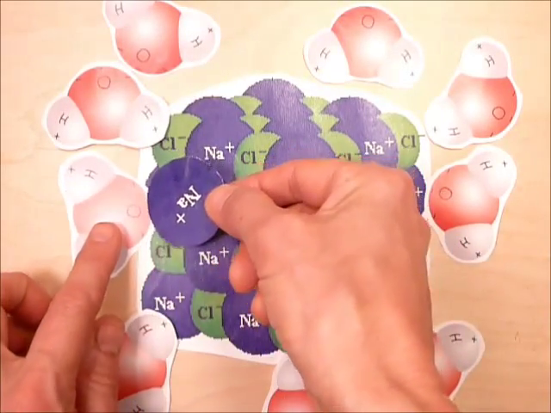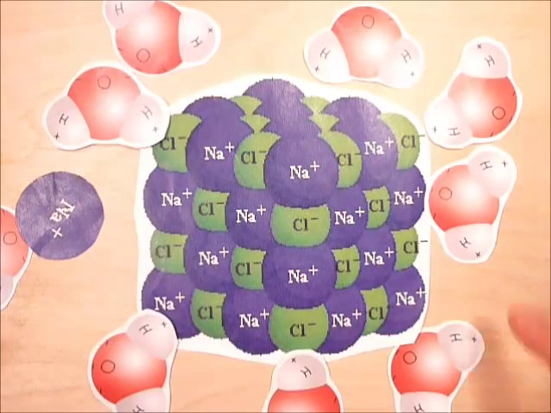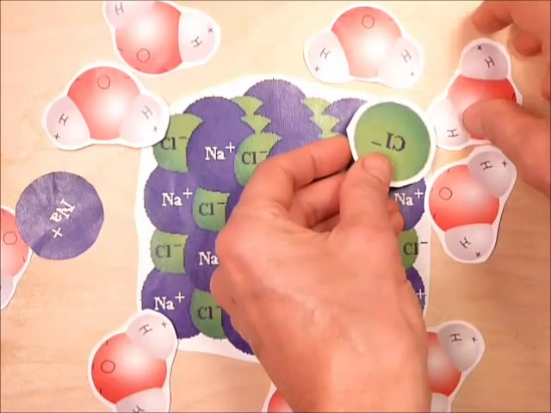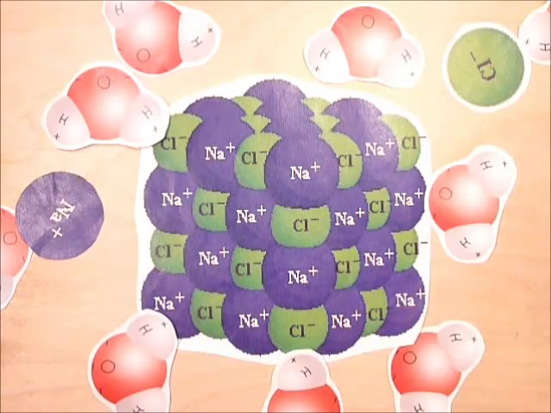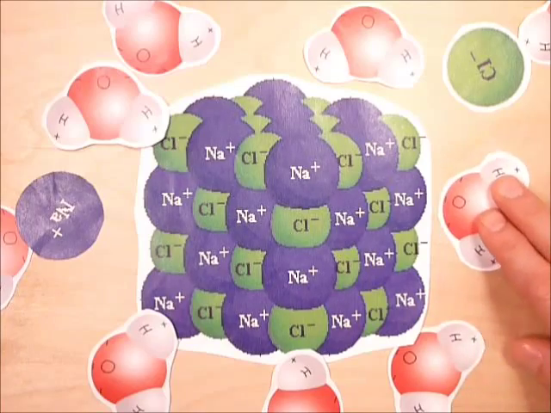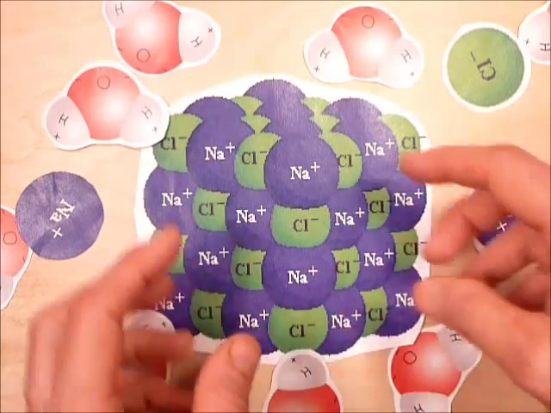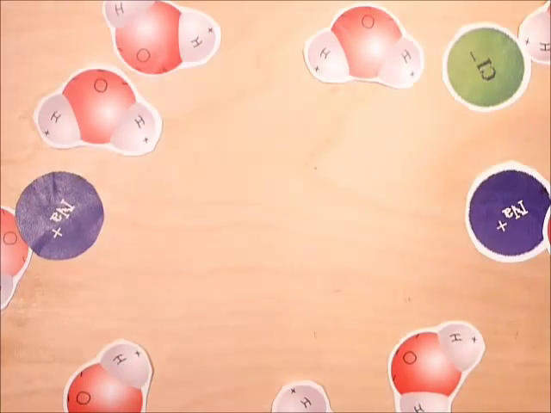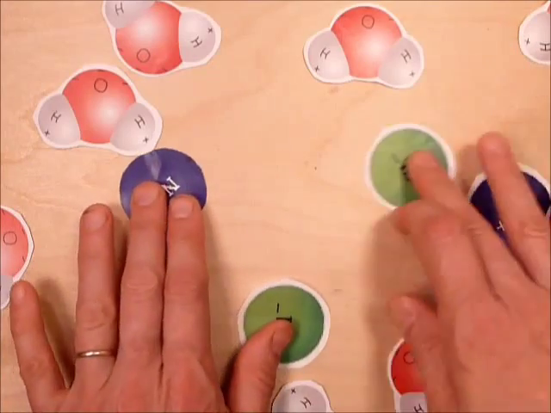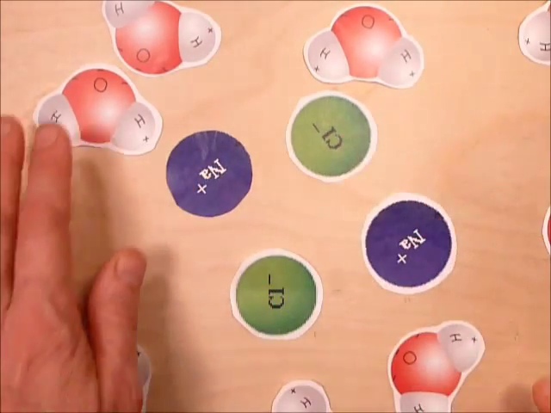Right here's this one, there. And let's say this one pulls the chlorine off here, that chlorine pulls it away like this. It's going to start disassembling this. Let's say that one was in there like this. It's going to start pulling them away until there's nothing left, and all you have is a bunch of these things floating around. The crystal will break up into individual atoms.